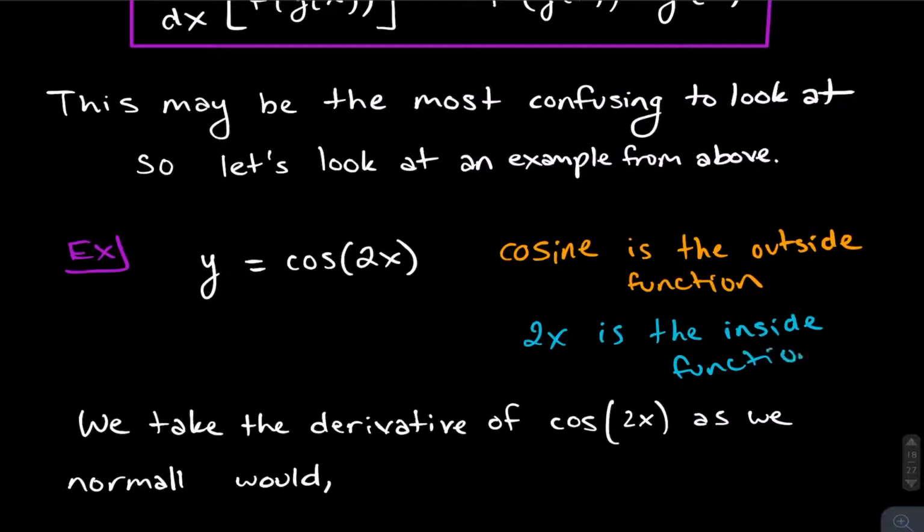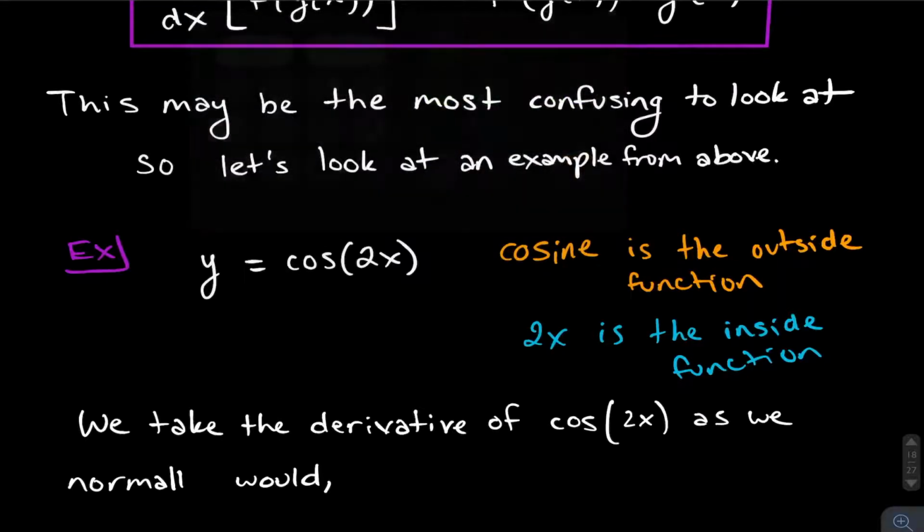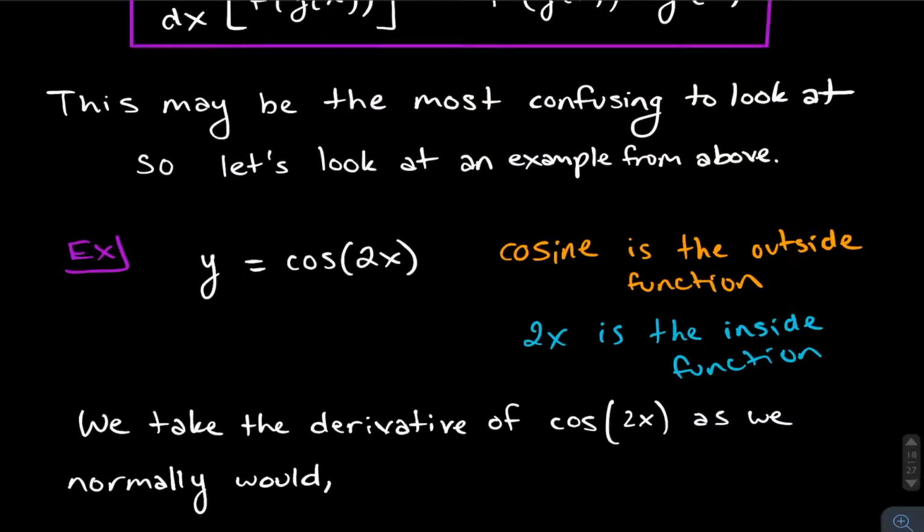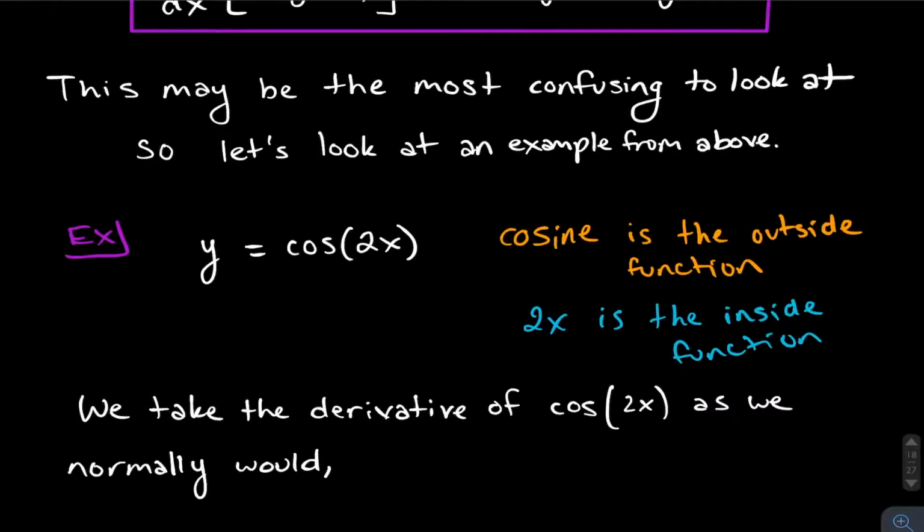Basically, we're going to take the derivative of cosine of 2x as we normally would. What's the derivative of cosine of x? It's negative sine of x. So the derivative of cosine of 2x, we write as negative sine of, instead of x, 2x.